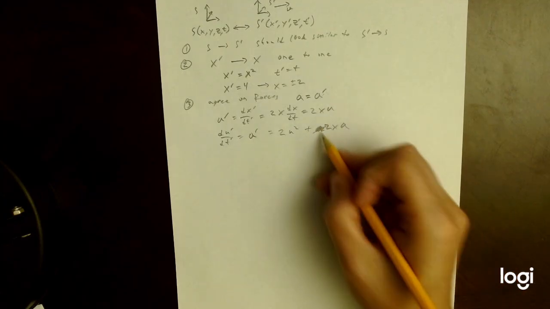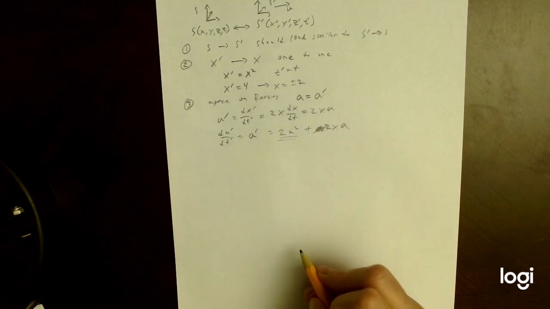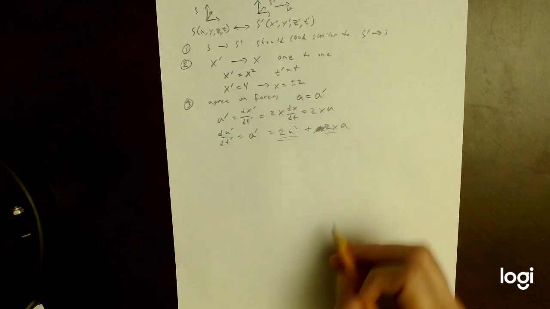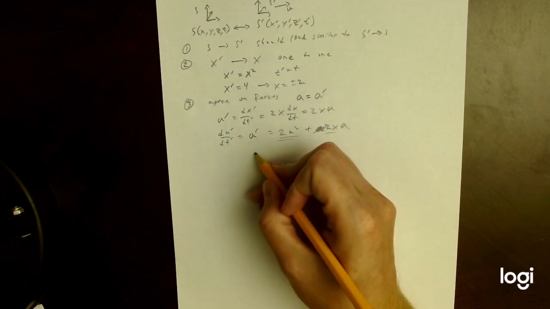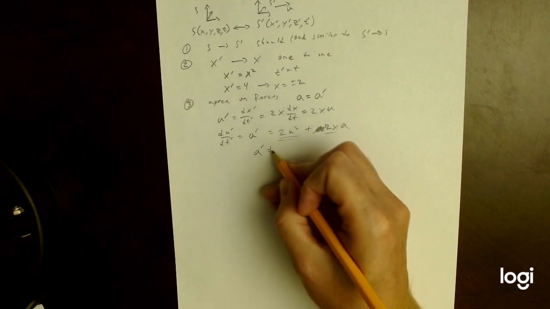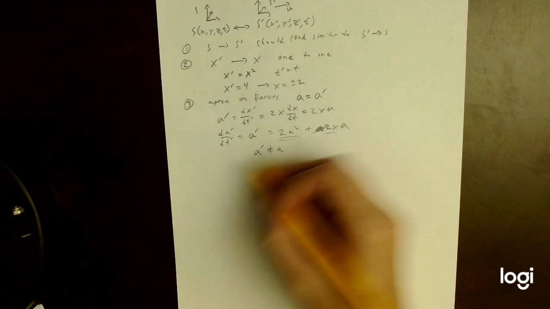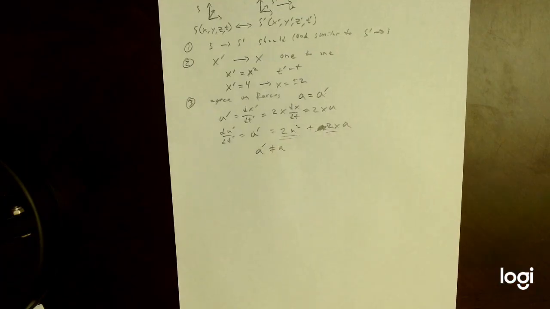So now we can see that we have this extra piece here, and then all this stuff going on that says a prime is not in general equal to a. And so we don't want that to be happening in our transformations.